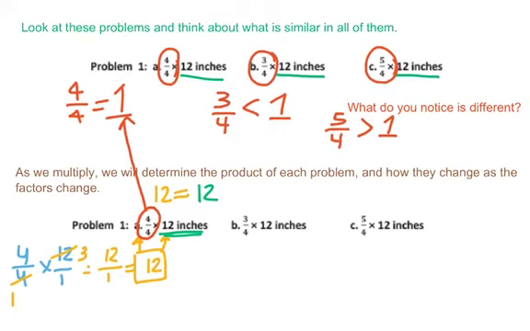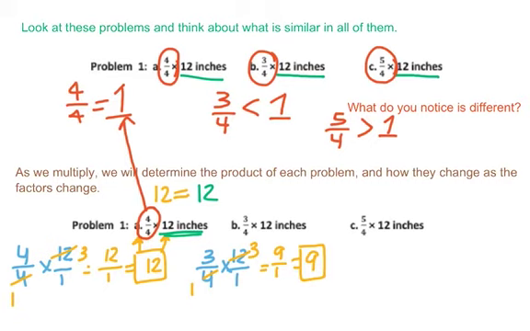I'm going to work out this multiplication. 3/4 times 12. I can again cross cancel. It's the same, dividing by 4. When I multiply, I get 9 over 1, which is the same as 9 wholes. Okay, so 9, here we go.